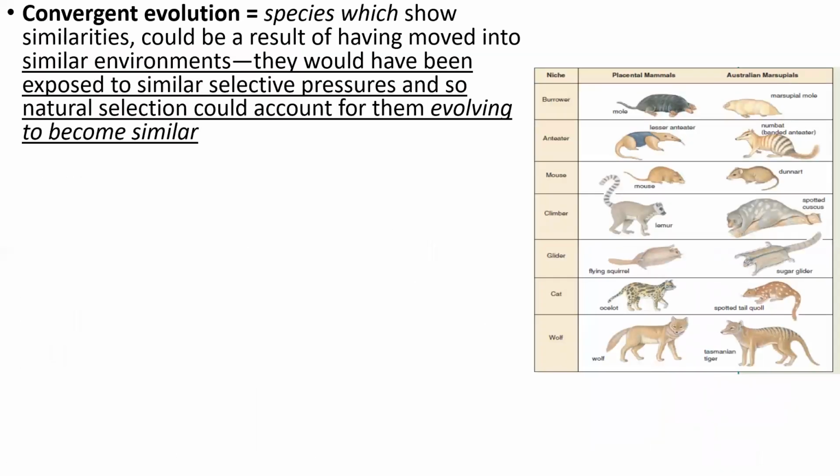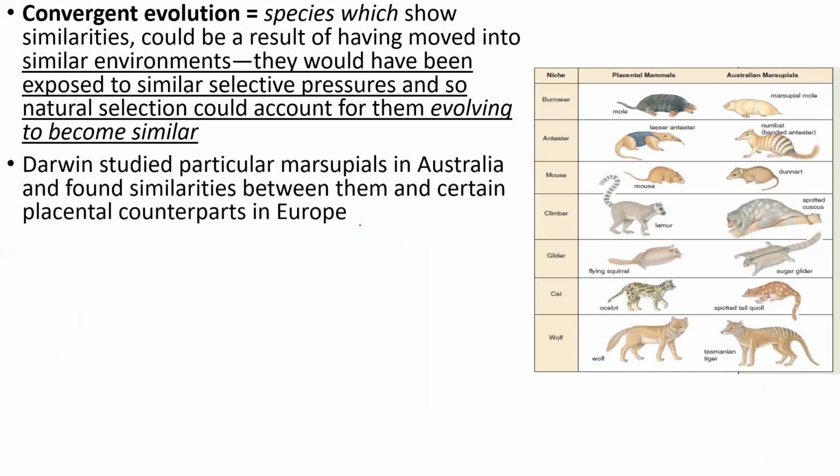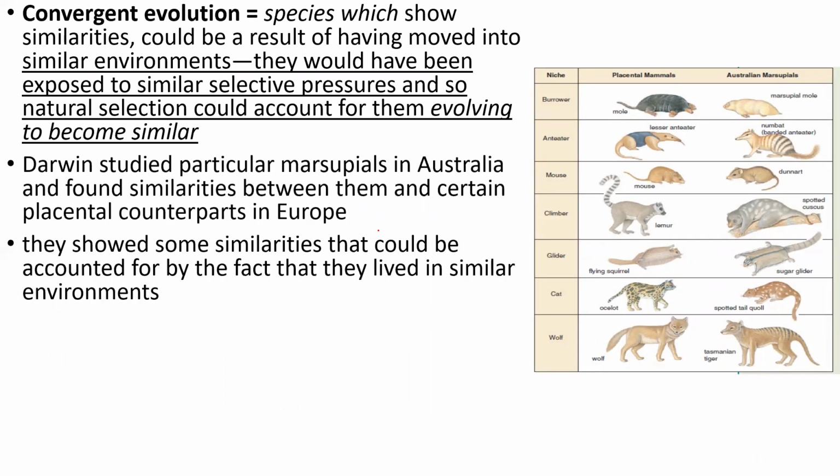And convergent evolution, these are just some things that Darwin observed, between placental mammals, which have placentas, and marsupials, which are pouched mammals. Wolves, Tasmanian wolf, ocelot, a quoll. We talked about the sugar glider and the flying squirrel, lemurs, mice, dunnarts, anteaters, numbats, marsupial mole, and mole.